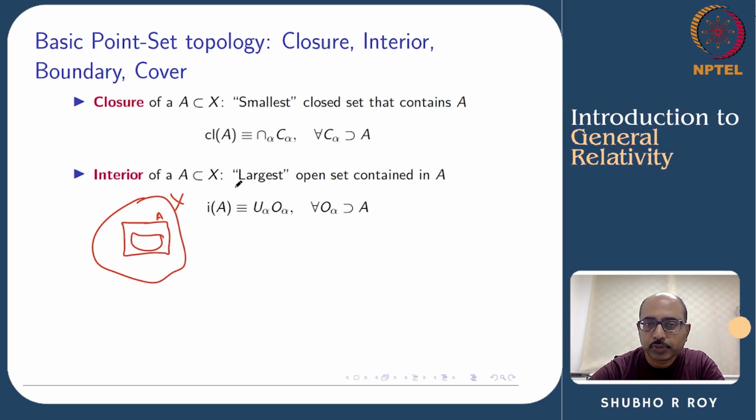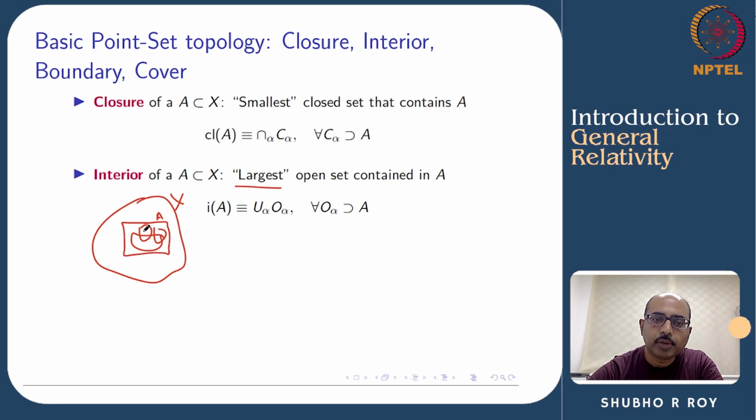Again, largest is within quotes. The reason is that there's no notion of a distance, so large and small we cannot define as such. The way we define largest is that I list all the open sets which are contained inside A, all of them, and take the union of all of them, because an arbitrary union of open sets is also open.